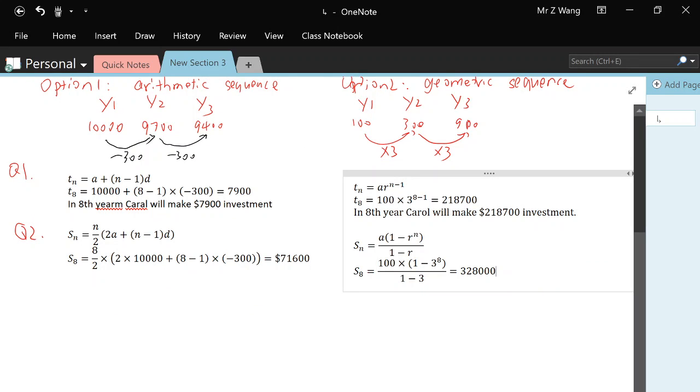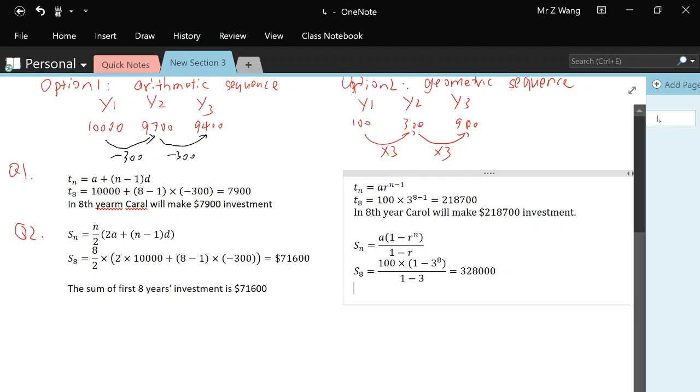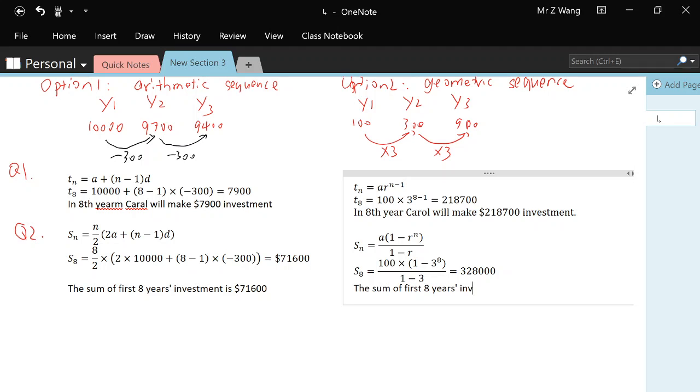This means the sum of the first 8 years investment here is $71,600, and here the sum of the first 8 years investment is $328,000.